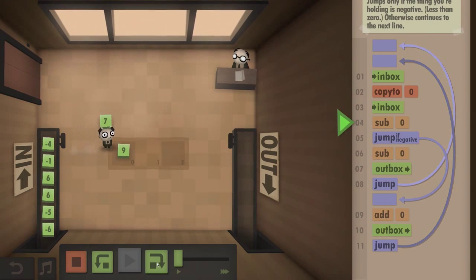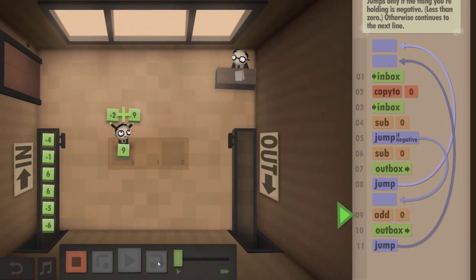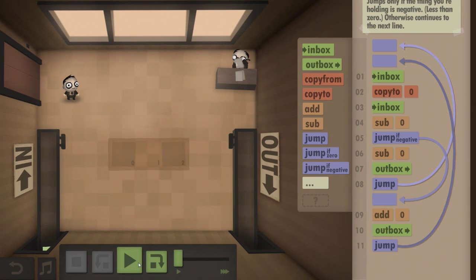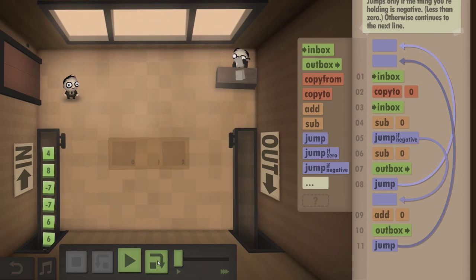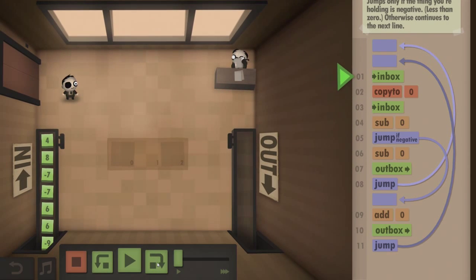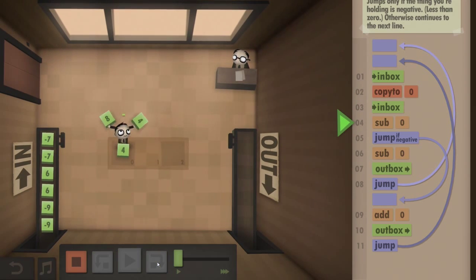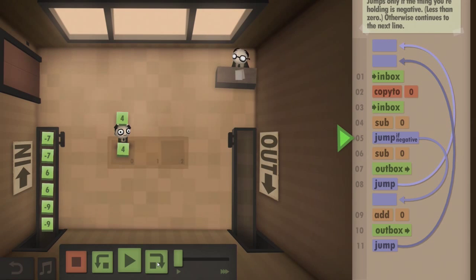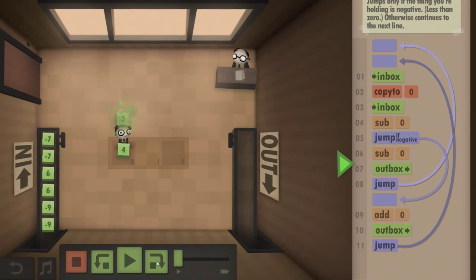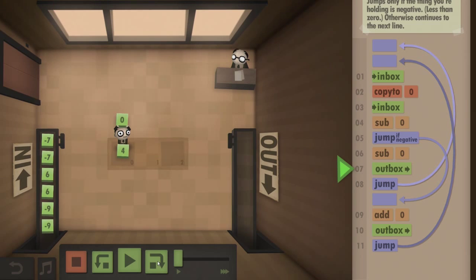9, 7. 4 and 8. Okay, so 8 is what I should get. It's 4. So because it's negative, I want to add 4. Hang on.